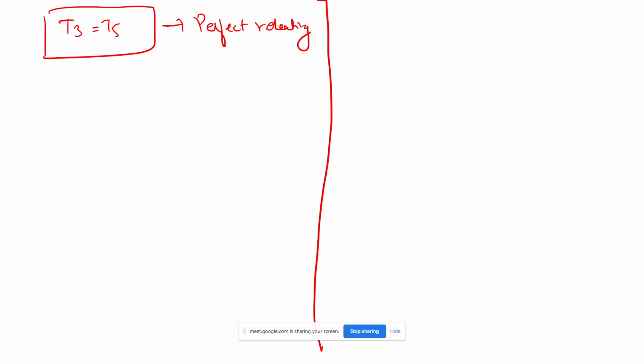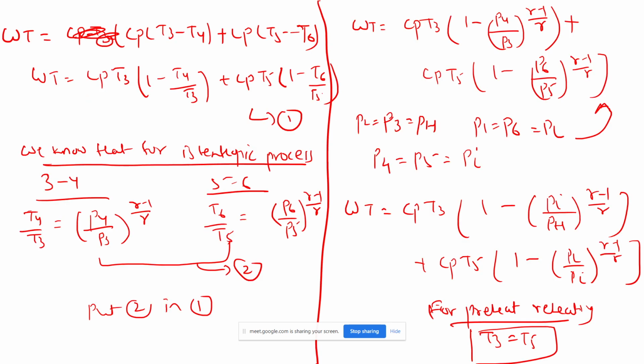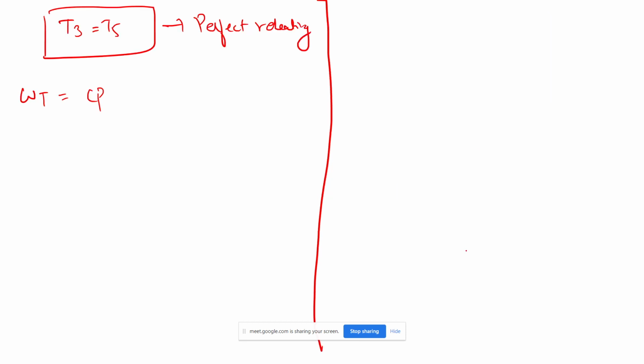So if we put this in the above equation, what will we get? Since Cp is common for the gas, and T3 is equal to T5, we can take this as common.